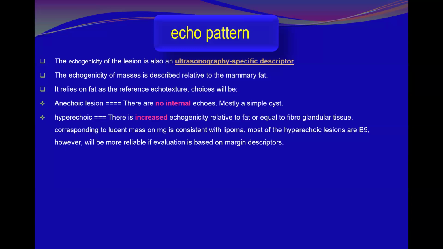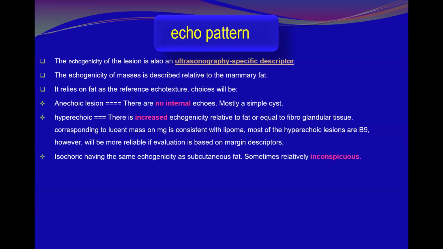If it has increased echogenicity to the right of the scale, then we call it hyperechoic. Most hyperechoic lesions in the breast are fat-containing lesions, and usually they are more echogenic than the fat or equal to fibroglandular parenchyma.